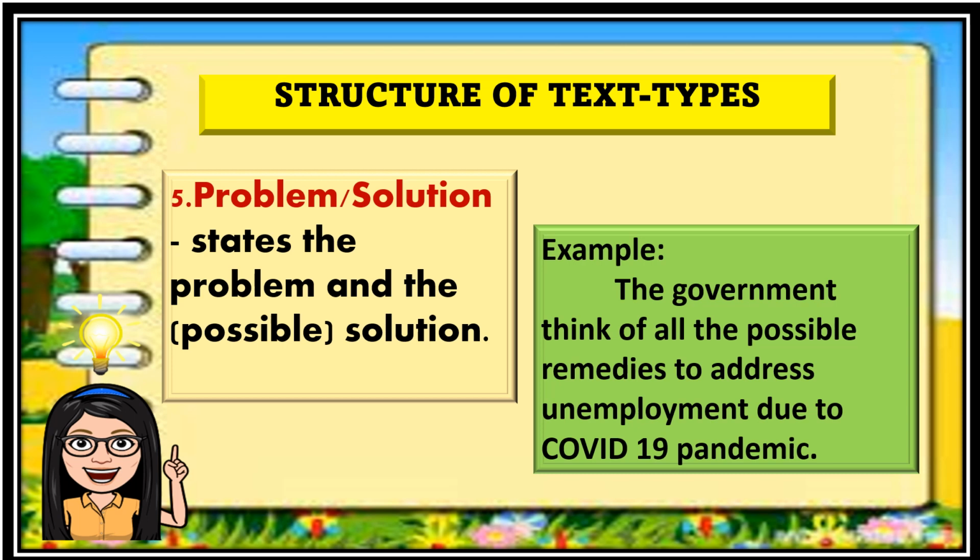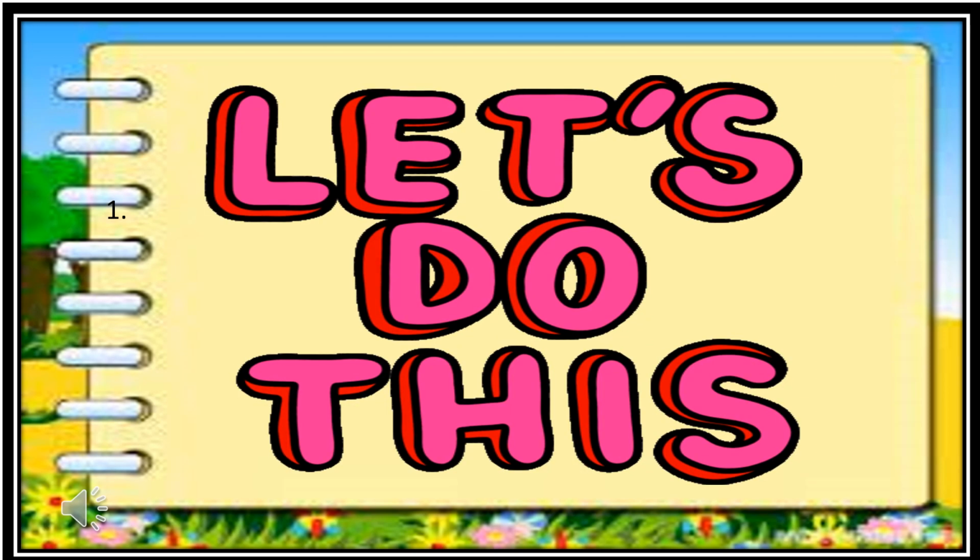We have the last one, the problem and solution. It states the problem and or the possible solution. Example, the government thinks of all the possible remedies to address unemployment due to the COVID-19 pandemic. Let's do this.